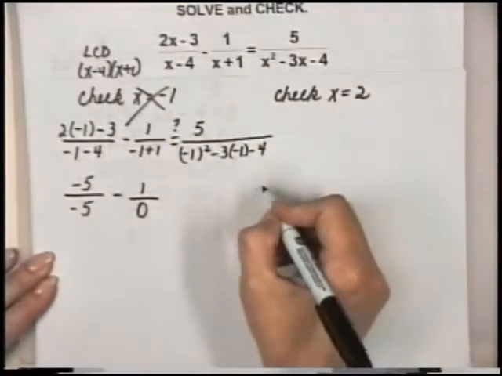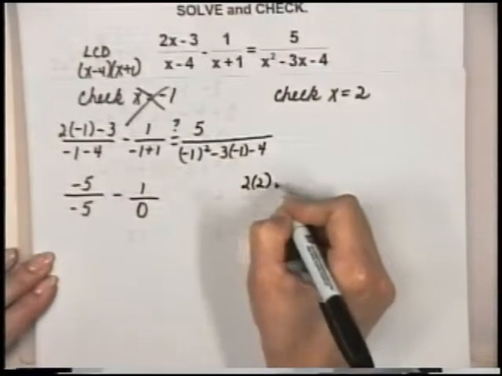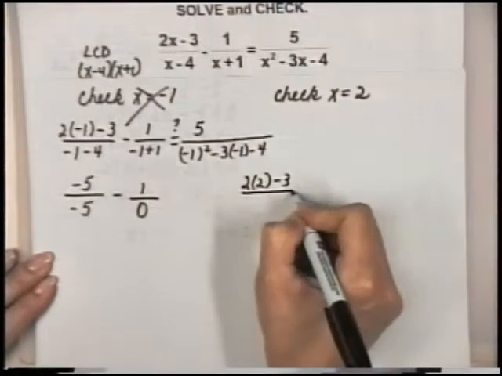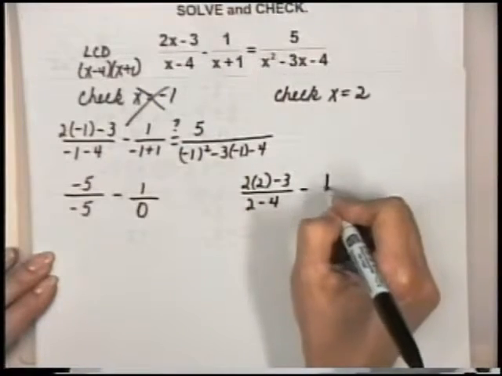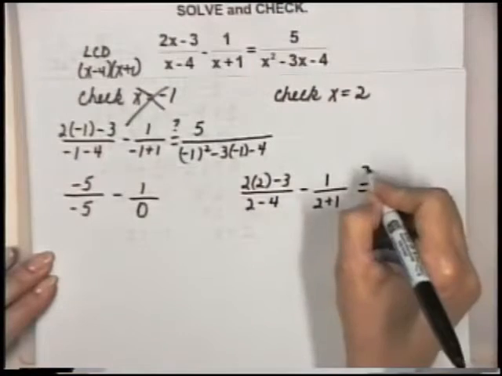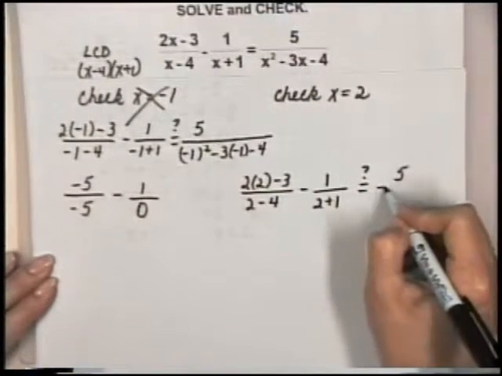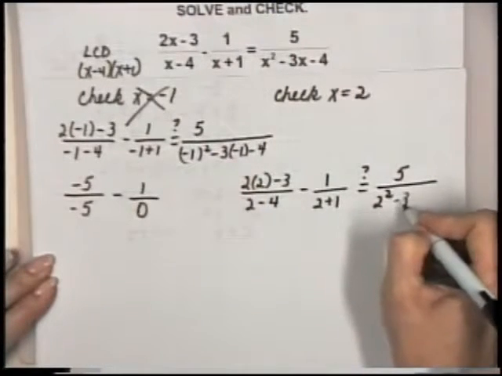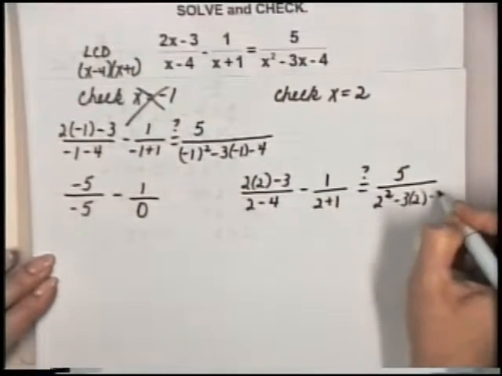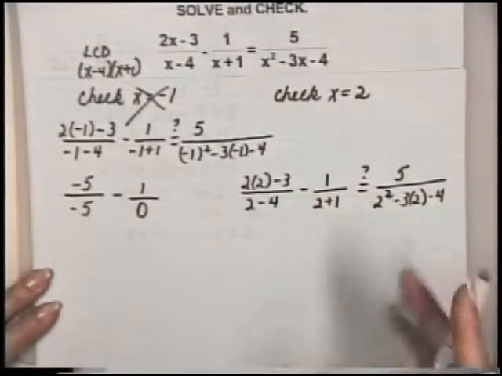Let's replace each of the x's with a 2. I will have 2 times 2 minus 3 over 2 subtract 4 minus 1 over 2 plus 1. Does that equal 5 over 2 squared subtract 3 times 2 minus 4?